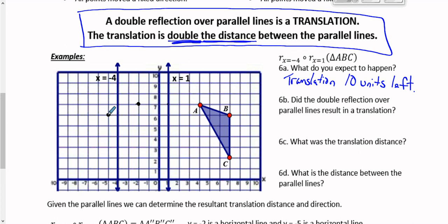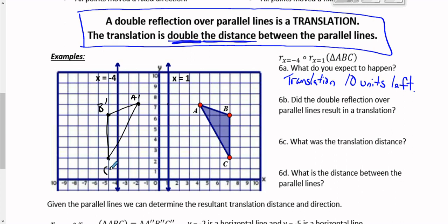And then C is going to be, yeah, 6. 1, 2, 3, 4, 5, 6. Okay. So here's my A double prime, here's my B double prime, and C, not double prime, mercy. A prime, B prime, C prime.